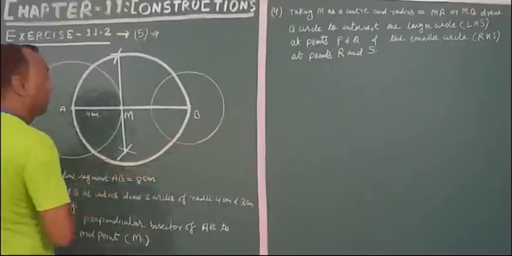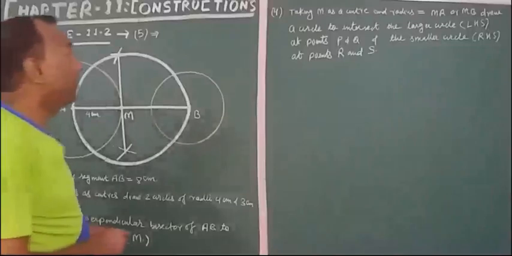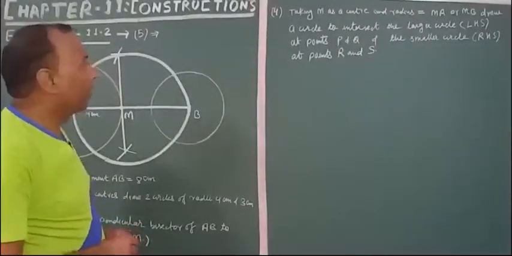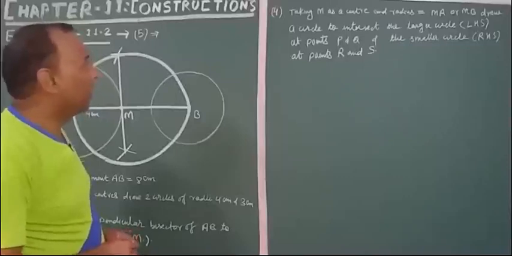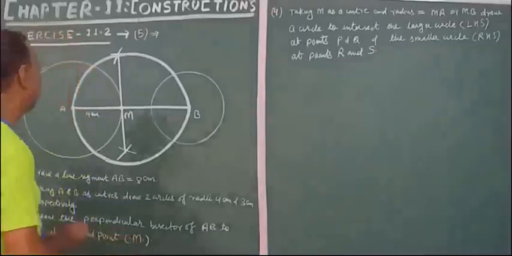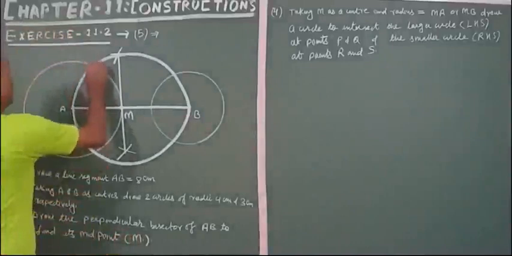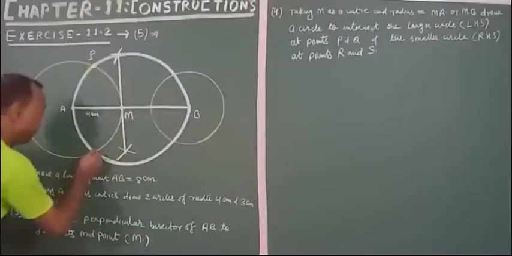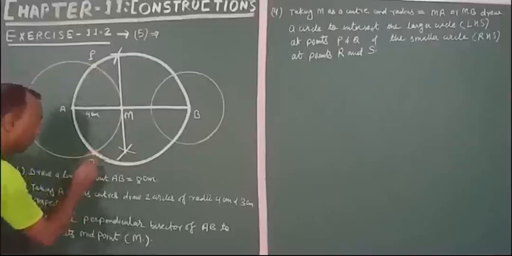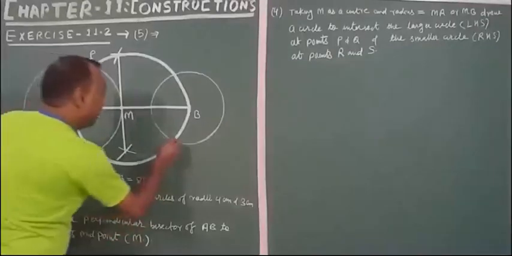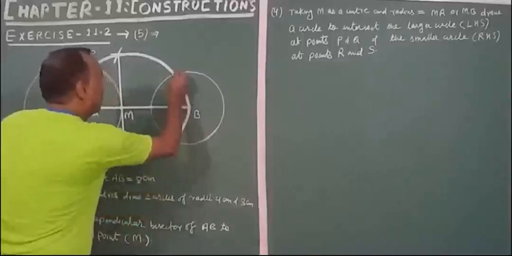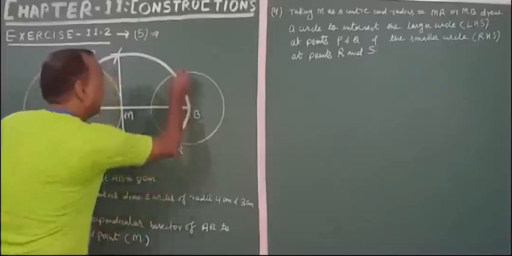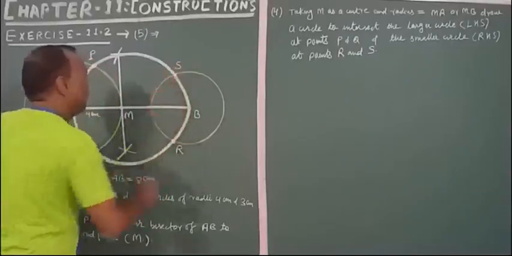Just look here. What is our construction step? Taking M as a center and radius MA or MB, draw a circle to intersect the larger circle at points P and Q, and the smaller circle at R and S.